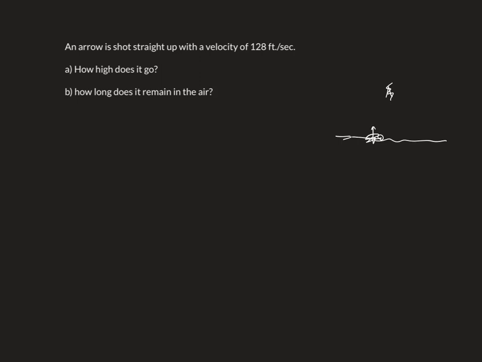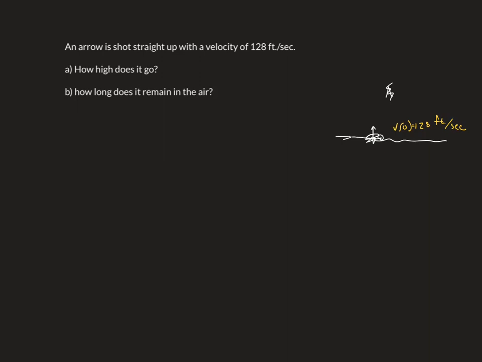It's shot up with a velocity of 128 feet per second, which tells us that initially when this arrow is launched, it's going 128 feet per second. So we've got an initial condition. The question is, how high does it go?